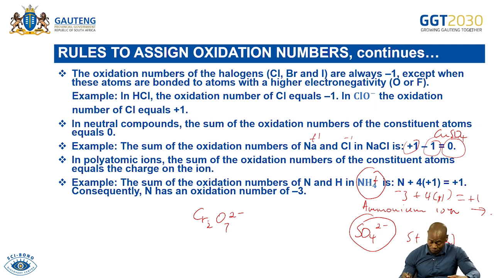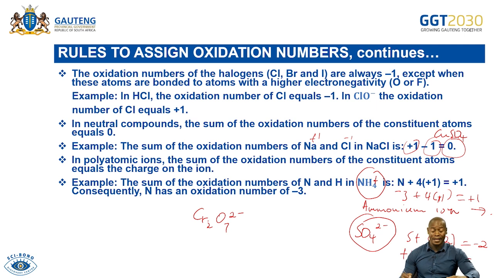The oxidation number of oxygen is negative 2. So for this to give us negative 2, it means that this sulfur should be positive 6, because I'm looking at positive 6 plus this, right?